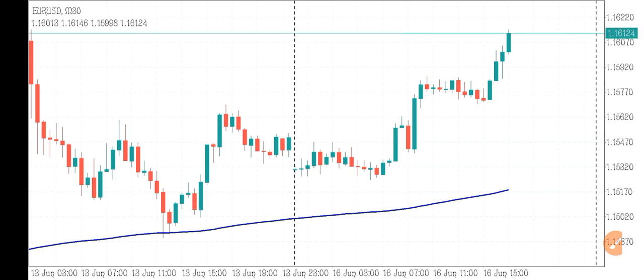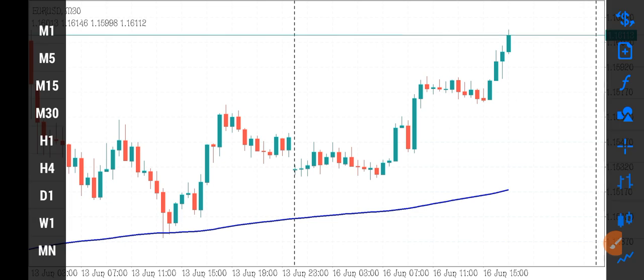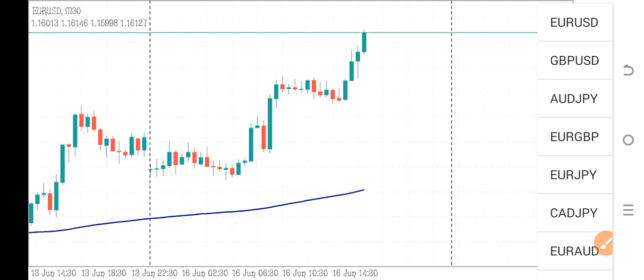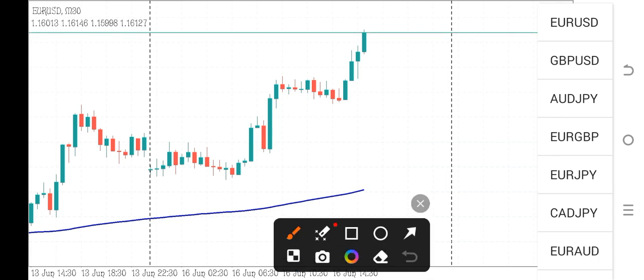For example, on my dashboard I have Euro USD, GBP JPY, AUD JPY, Euro GBP, Euro JPY, and the list goes on. Each one of them is paired with another to be traded.